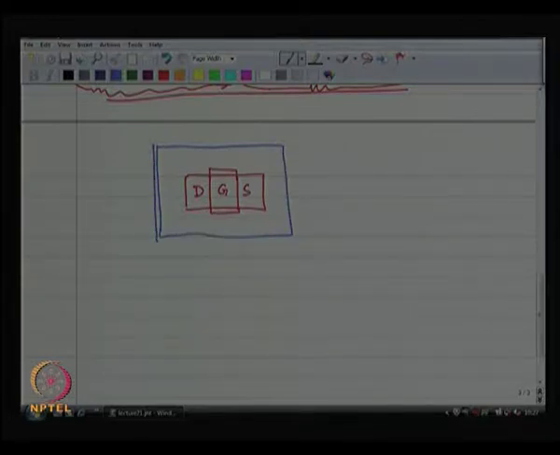This is the region over which I am making body contacts. It is called a guard ring. It is a very commonly used layout practice when you are designing RF integrated circuits.